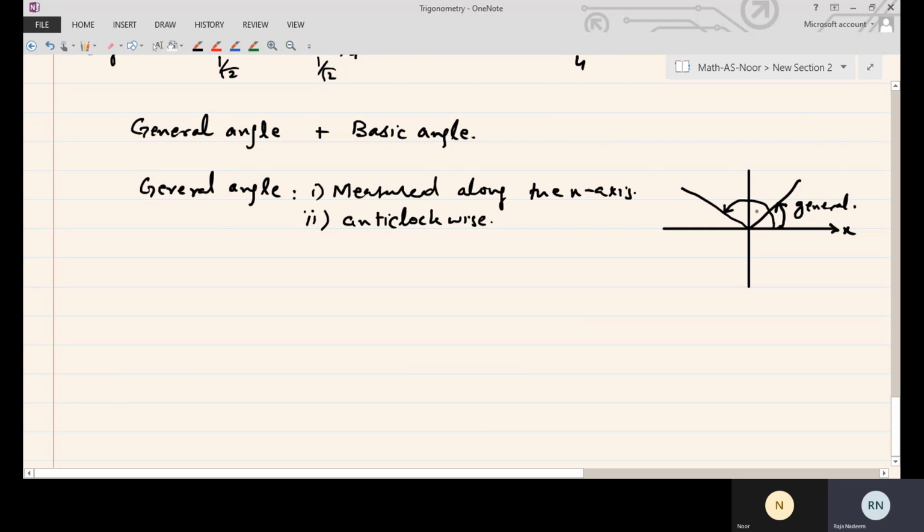If it is in the second quadrant, this angle is considered a general angle. If your angle is in the third quadrant, then you mention it in the third quadrant with an arrow, and even if the angle is in the fourth quadrant, when you started with the x-axis and move to this fourth quadrant, this angle is considered a general angle. So all the angles which are measured from the x-axis in anti-clockwise direction are called general angles.